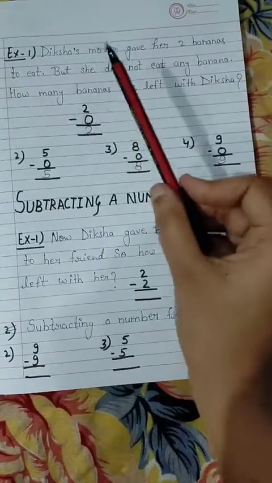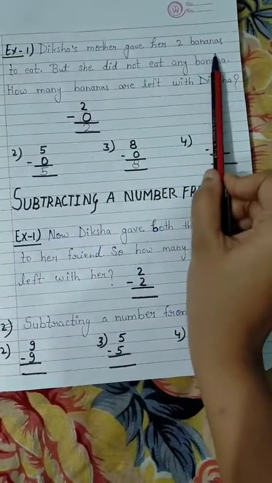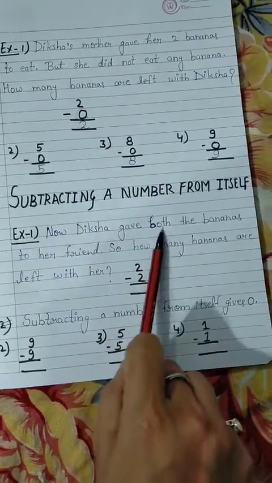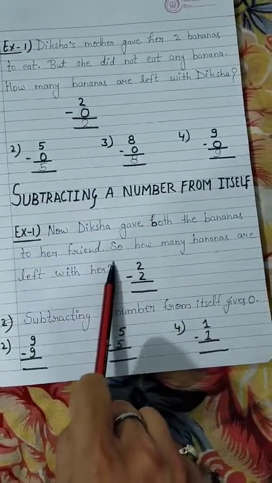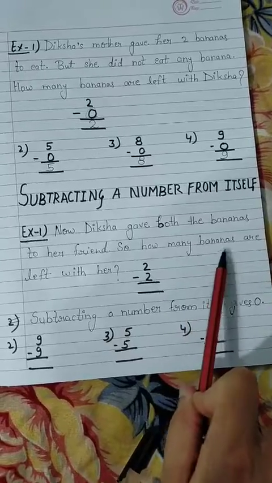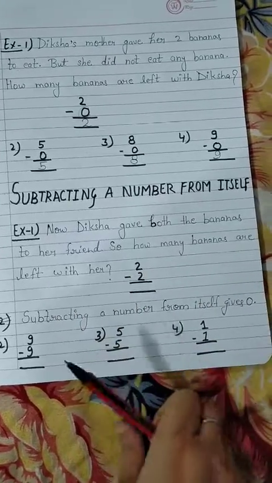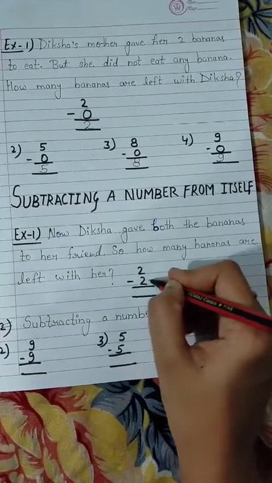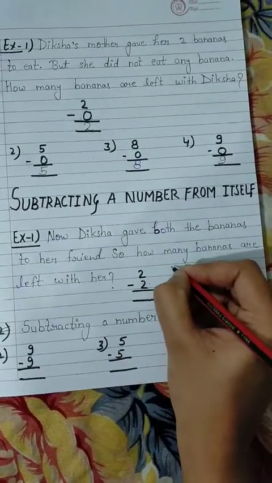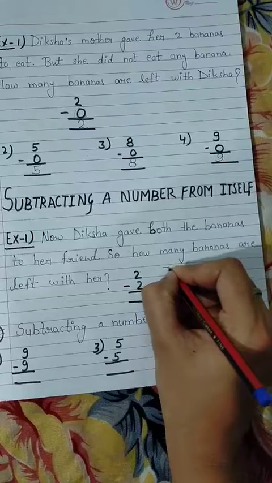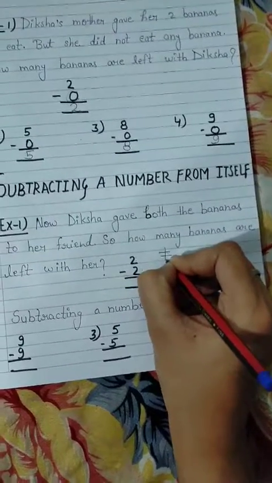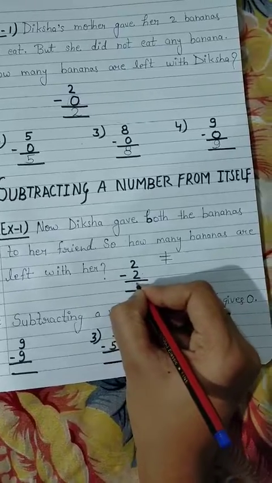Student, as you know, Diksha's mother gave her 2 bananas to eat, but Diksha gave both the bananas to her friend. So how many bananas are left with Diksha? So 2 minus 2. Students, you have to draw here 1, 2 lines. Now you have to cut both the lines. Now what do we get? We get 0.